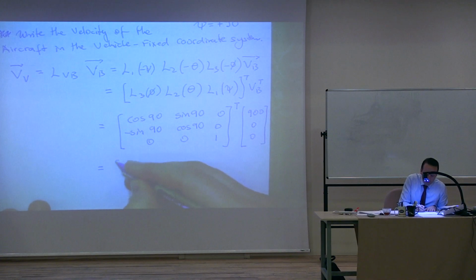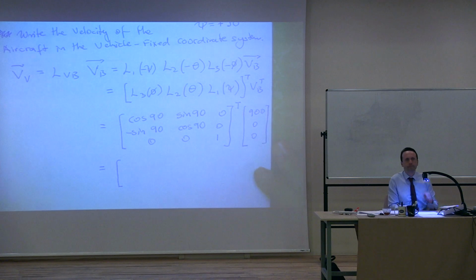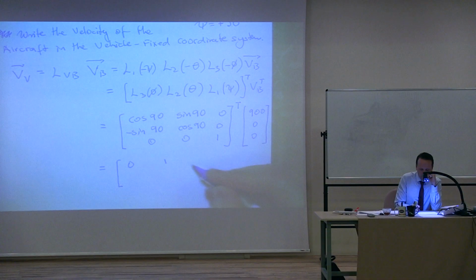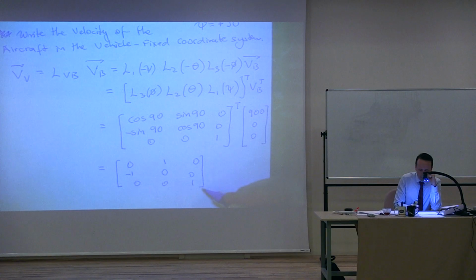So what is this matrix equal to? Cosine 90 is 0, sine 90 is 1, 0. Minus sine 90 is minus 1, cosine 90 is 0, 0, 0, 0, 1. Is that correct? This is the transpose.